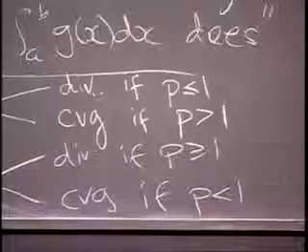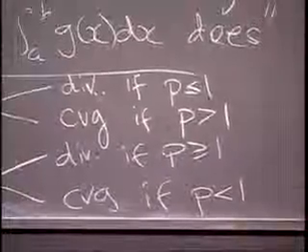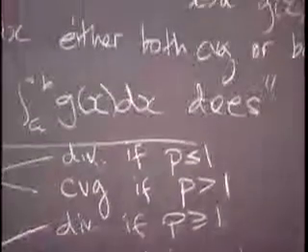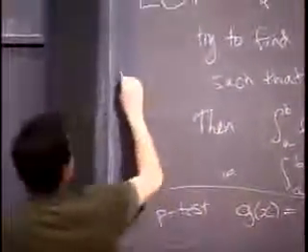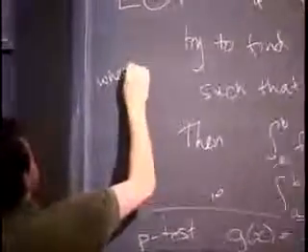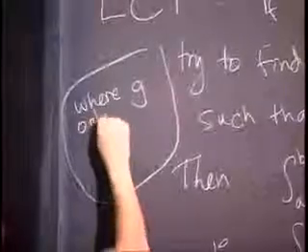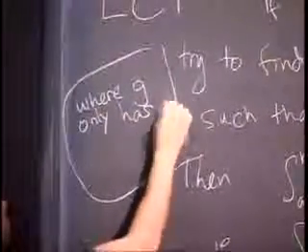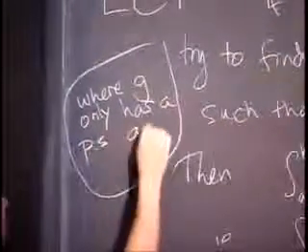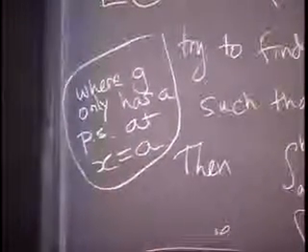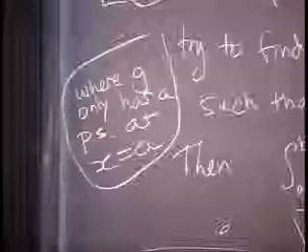I forgot to say one thing about the limit comparison test, and it's to do with g, and I should have said where g only has a problem spot at x equals a. You don't introduce any new problem spots. I said it last time, I just forgot to mention it.